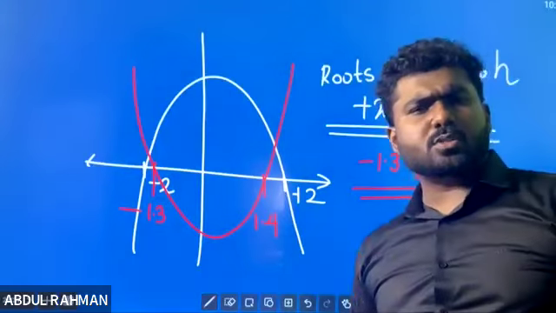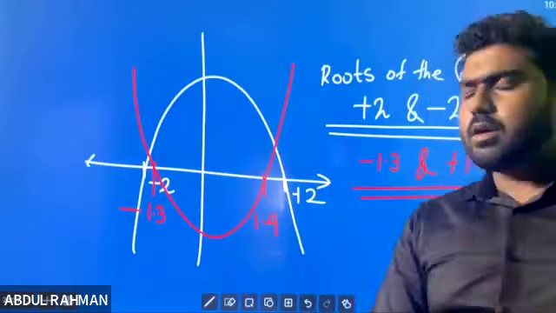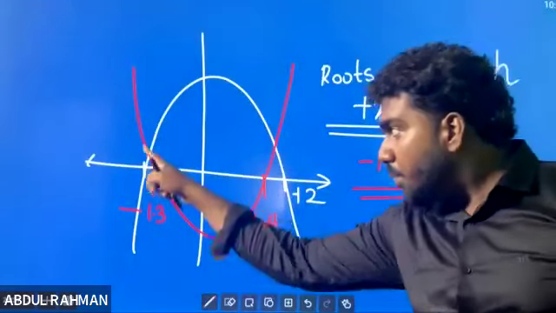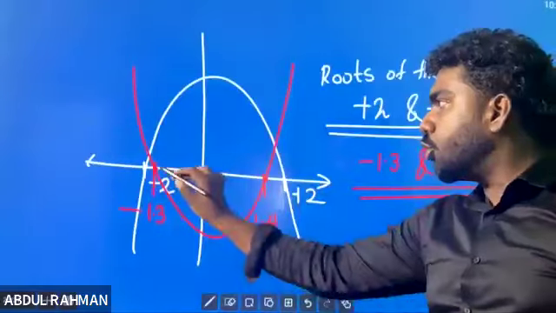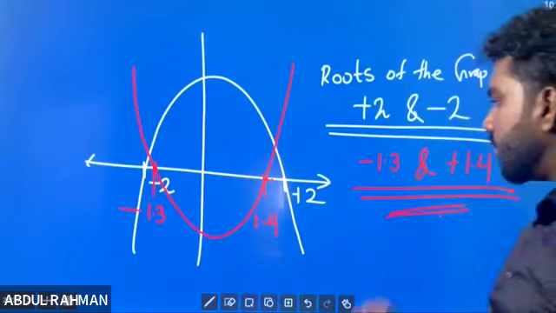Always remember, roots need not always be whole numbers. Roots can be decimal answers also. So the 2 values where the graph is cutting the x-axis are called your roots.